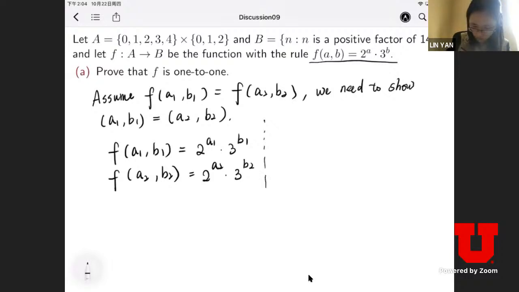And we know the two function values are equal, so 2 to the power of a1 times 3 to the power of b1 is equal to 2 to the power of a2 times 3 to the power of b2. This is by the assumption.